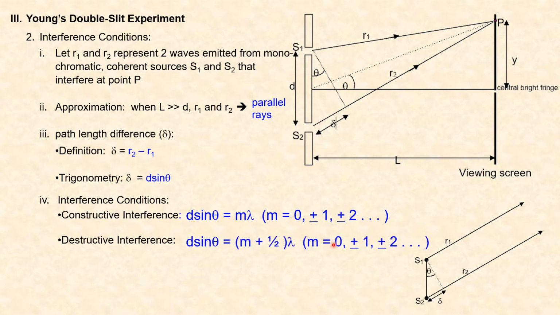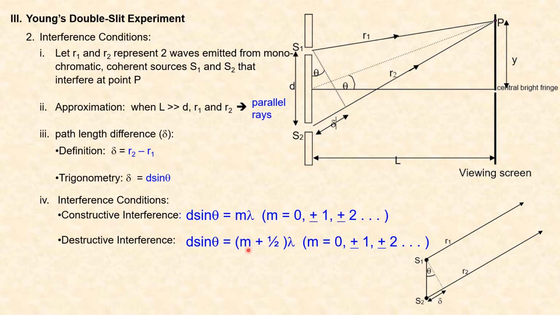So we can write our generalized destructive interference condition as follows, saying that the difference in optical path length, the difference in distance traveled between the wave that is emitted from the top slit and bottom slit, d sine theta, if it is half a wavelength, 1.5 wavelengths, 2.5 wavelengths, and so on, then that would be the condition for destructive interference, which we can write as follows.